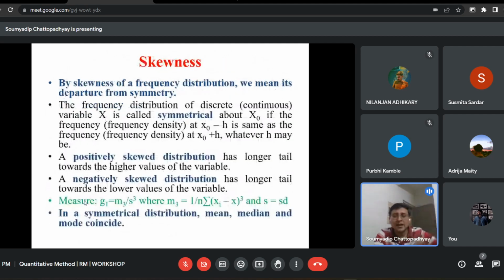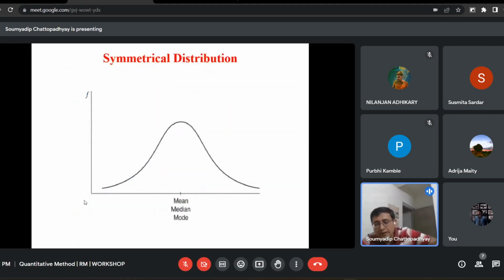And apart from that, in order to understand the nature of the data, we also use certain measures of skewness. By skewness of a frequency distribution, we mean its departure from symmetry. Let me show you the figure of a symmetrical distribution. Symmetrical means the frequencies on the left hand side are the same as the frequencies on the right hand side.